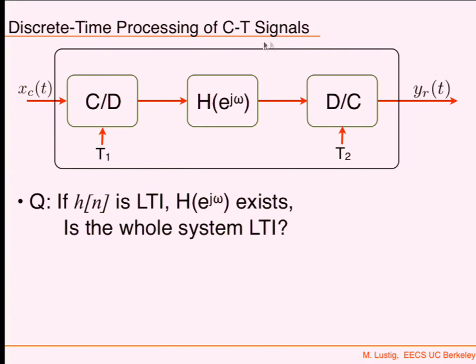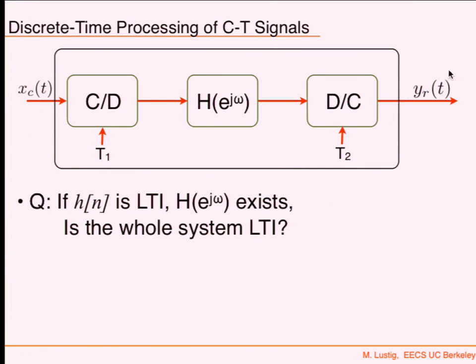The way it works is that you've got a signal coming in, you've got a continuous to digital conversion with some sampling rate, T1. Then you have some linear filtering, shift invariant or maybe not, whatever you're going to do here. And then you're going to do digital to continuous time conversion, maybe even with a different sampling rate.